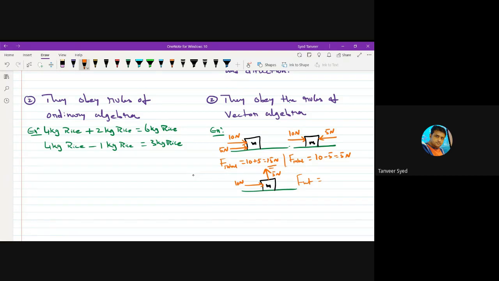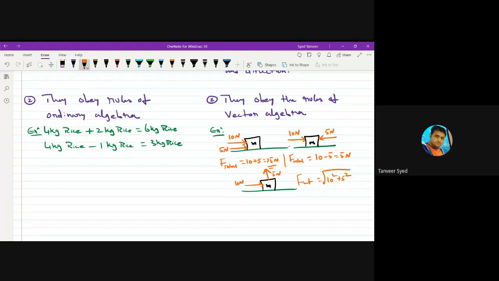It is something between 5 and 10. What is that something? You will understand it when we discuss the vector algebra rules. You have something called the parallelogram law of vectors, which when applied to this situation will give you the resultant force. So you'll get something like root of 10 square plus 5 square. How you get this, we'll discuss later.